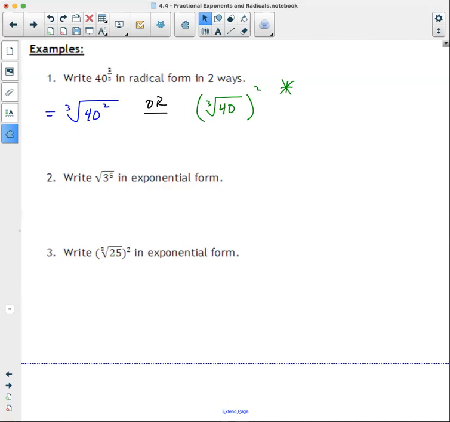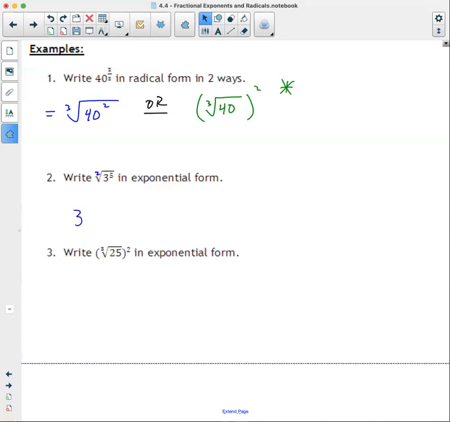Okay, so next we are writing the square root of 3 to the exponent 5 in exponential form. Okay, so remember the index will form the denominator of the fractional exponent, and the exponent of the radicand will form the numerator. Remember, if you don't see a number on the index, we are taking the square root. So because there's no number, we're taking the square root.